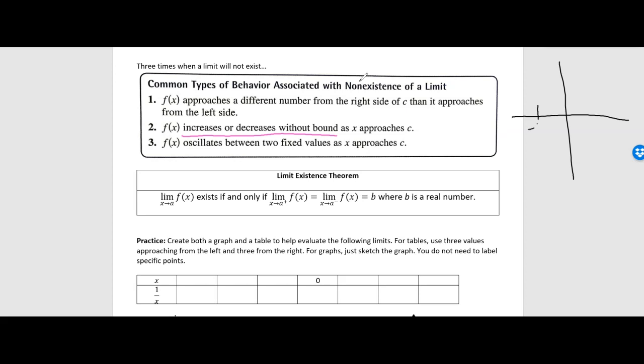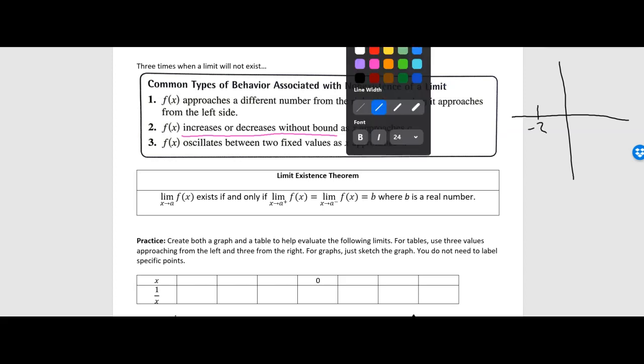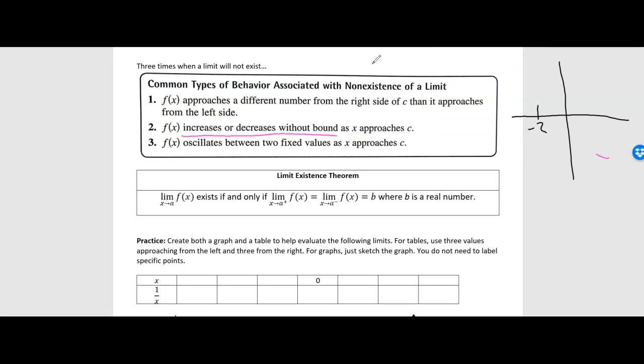So let's say this is -2, and let's say our function has an asymptote here. As the function approaches -2, the left and the right hand side are both approaching positive infinity.